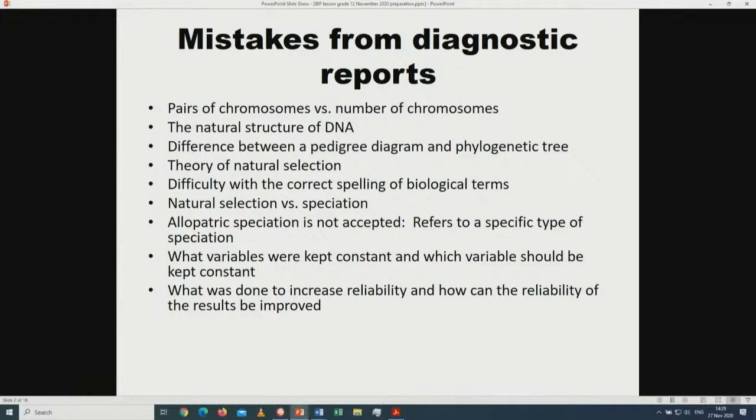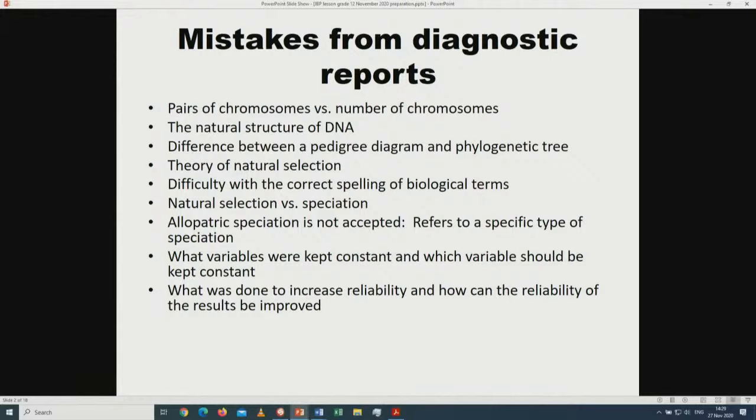In our investigation questions, where we have to indicate variables, our independent variable, dependent variable, and variables that are kept constant, and when we have to look at what can be done to increase the reliability of an investigation or the validity of the results of the investigation.